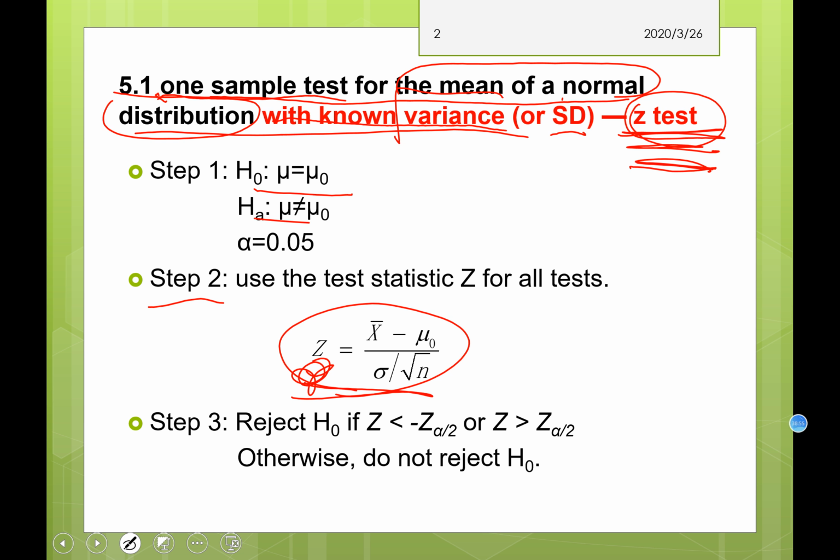But maybe some of you will find that the formula is different from the formula in chapter 2. In chapter 2, we learned the formula for z value, that is x bar minus mu over sigma. This one is different from the second one. So what is the difference between these two formulas?